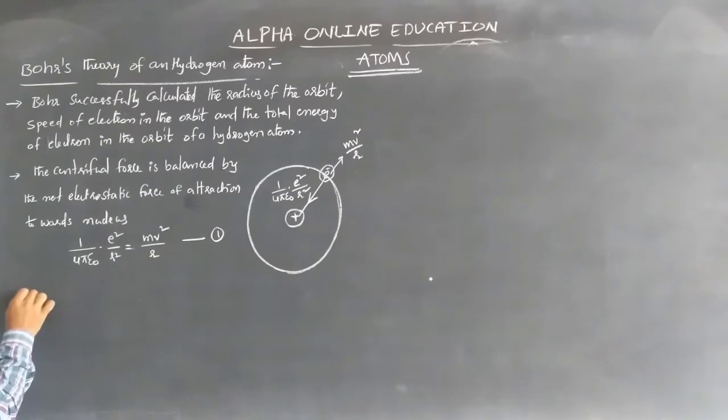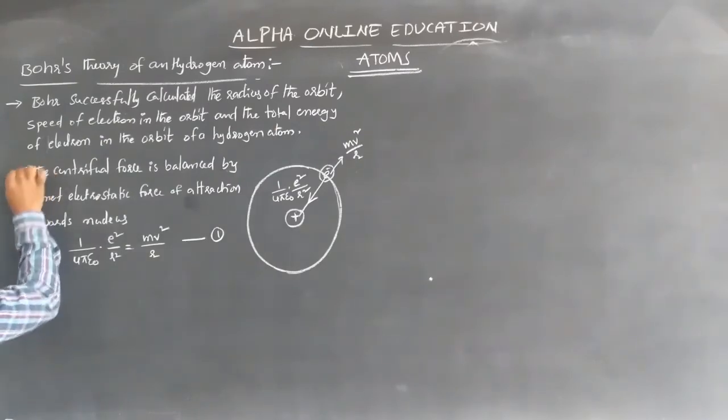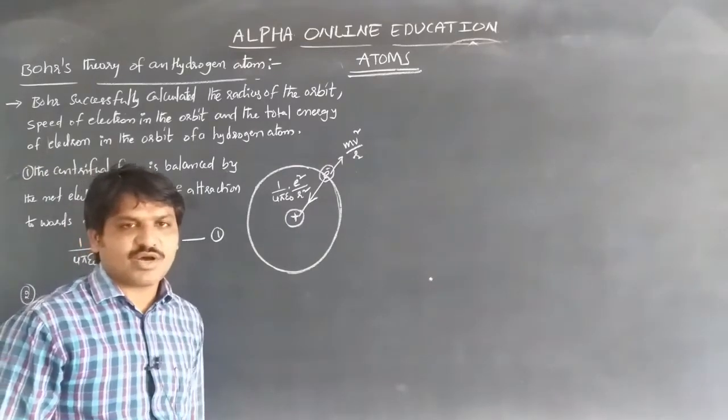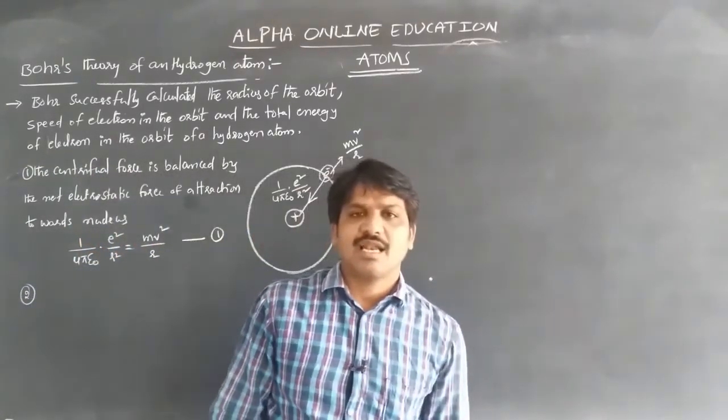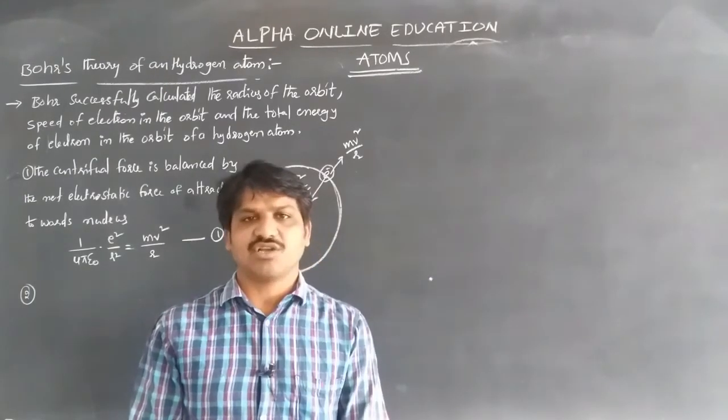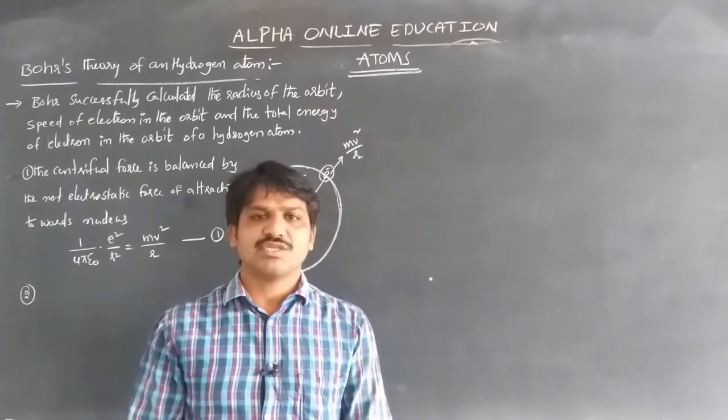The next one is the second postulate. The second postulate says that when the electron is revolving around the nucleus in a fixed or stationary orbit, no energy is radiated.